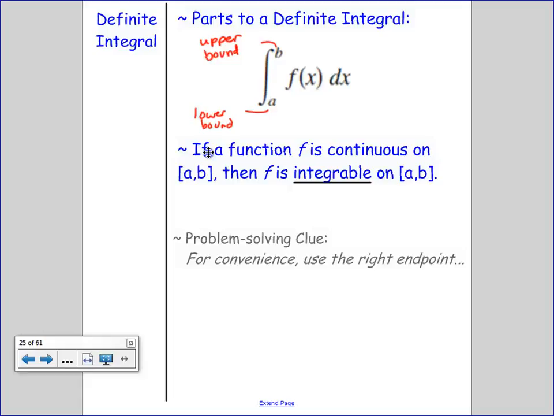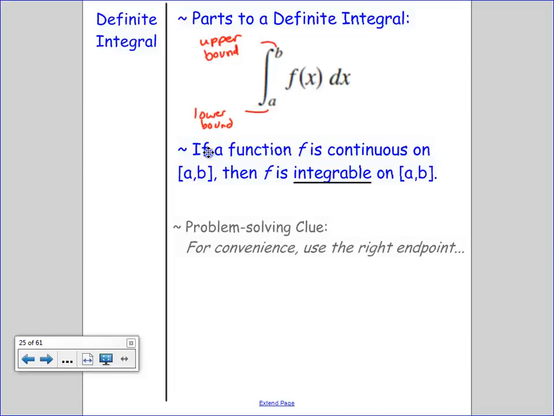Problem solving clue when using the definition is the one that we pointed out yesterday: we can just use the right endpoint to make it easier, which is why we use C sub i, the right hand, not C sub i minus 1, that would be the left hand.